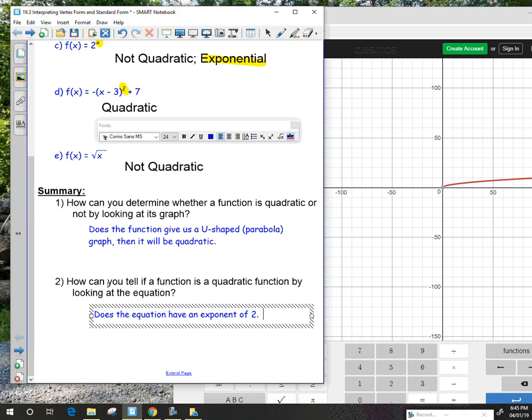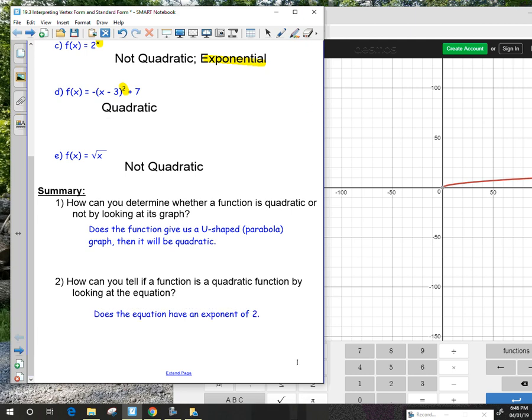When you get into Algebra 2 or Algebra 3, you'll do other functions where the highest exponent is 3 or 4, and those are not parabolas. But for you, we're focusing on linear, quadratic, and exponential functions. Therefore, if I have an exponent of 2, then it's going to be a quadratic function and give me that U-shaped graph. So I can look at just the equation and tell whether it's a quadratic or not.